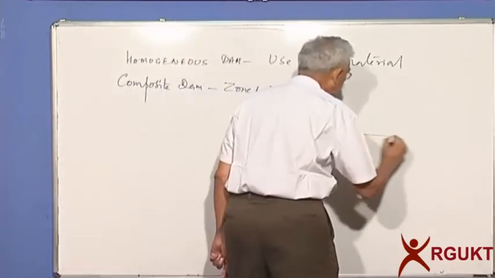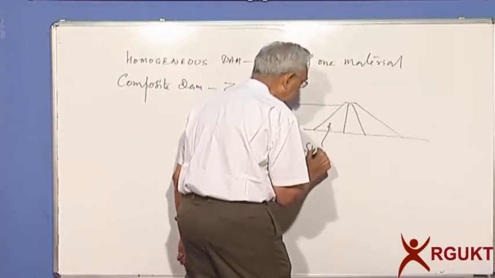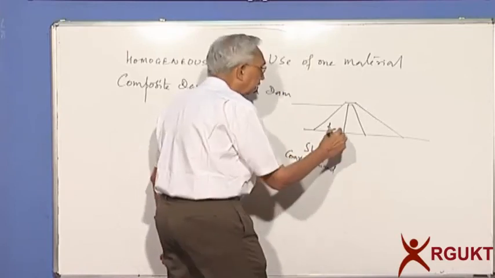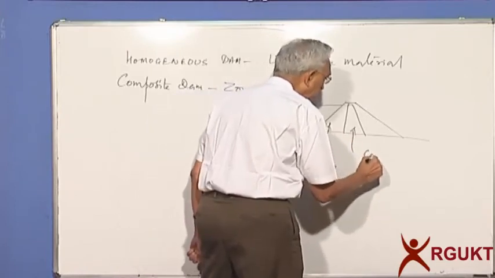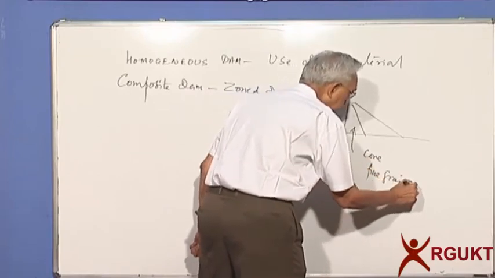You can have what is called the shell, which can consist of coarse grained material, whereas this is called the core, which consists of fine grained material.